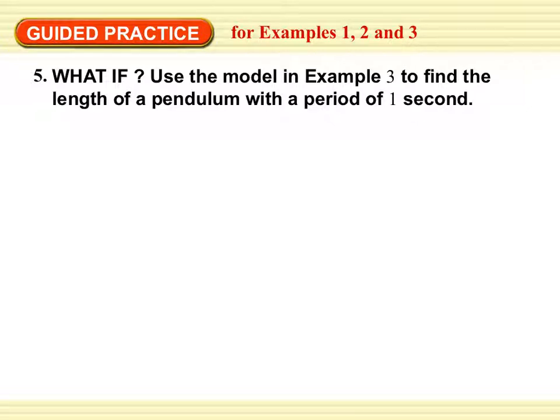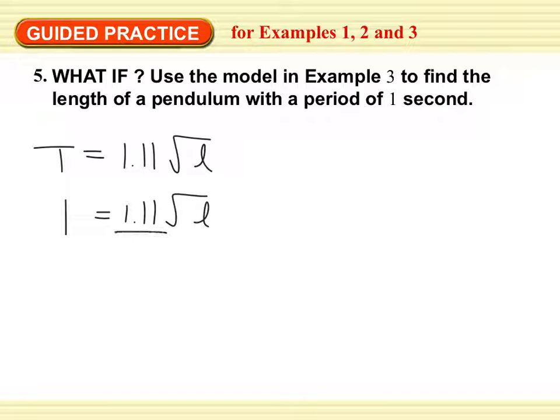What if? Use the model in example 3 to find the length of a pendulum with a period of 1 second. You can do so graphically or algebraically. The equation, let me look it up. We had T equals 1.11 square root of L. If our time is 1 second, not 3, we would divide both sides by 1.11.